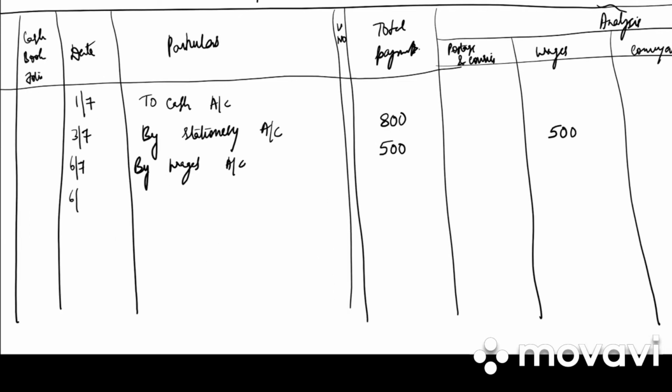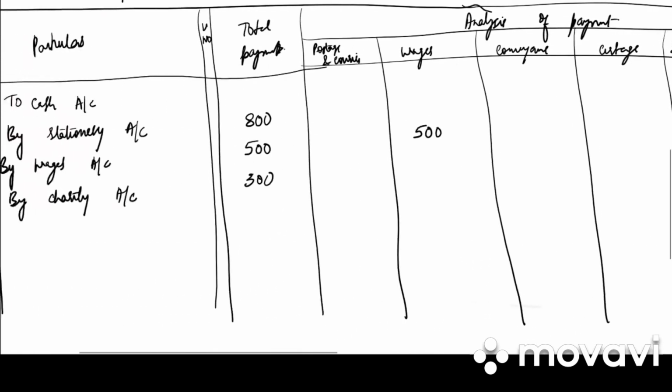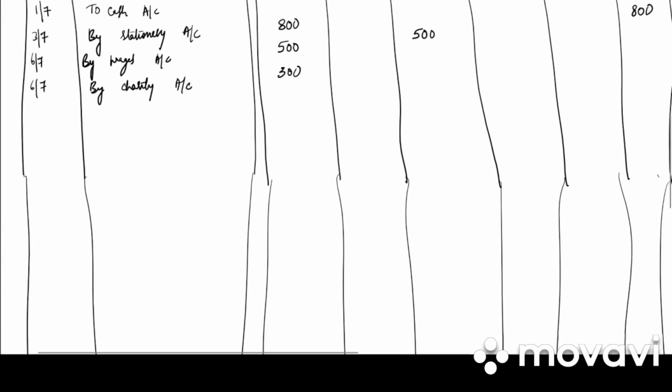And then on 6th again we have charity. So by charity account 300. Under miscellaneous expenses we would write 300. Then on 7th we have purchase soap and stationery. So by soap 200.